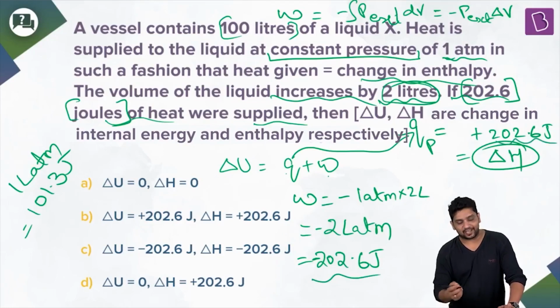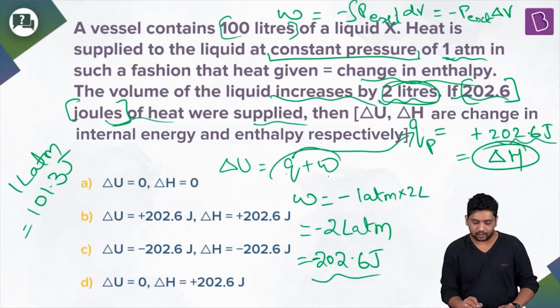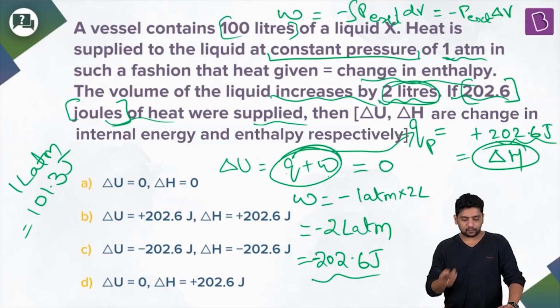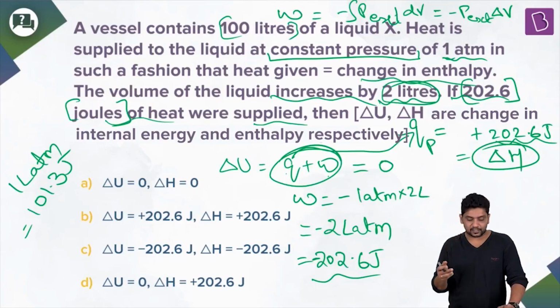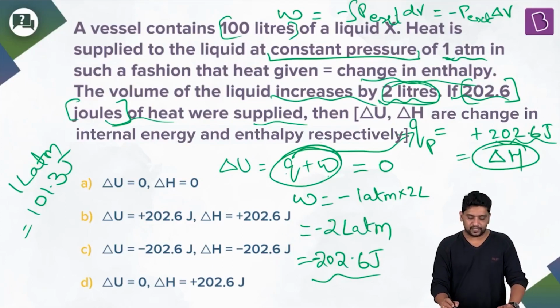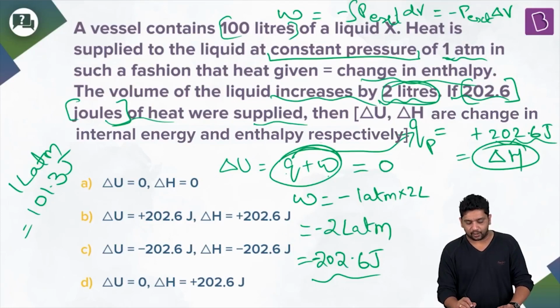Heat is plus 202.6. Adding these two, you can obviously see delta U is becoming equal to 0. So basically this is an isothermal process. This is an isobaric process that is happening. Delta U is turning out to be equal to 0, and your Q and W are of opposite signs.